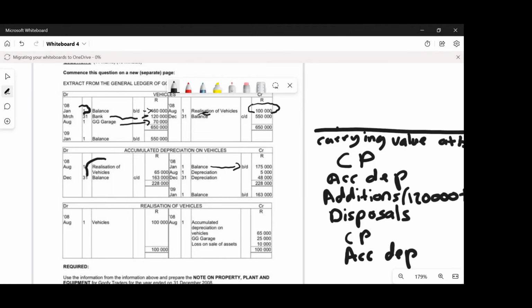You have the asset realization on vehicles, which is the 65,000. Which means on the credit side of asset realization, they wrote accumulated depreciation on vehicle and put this amount. You see, everything just follows in order. That's why you need to go through those steps that I gave you. Once you go through them, PPE is very easy for you to do.